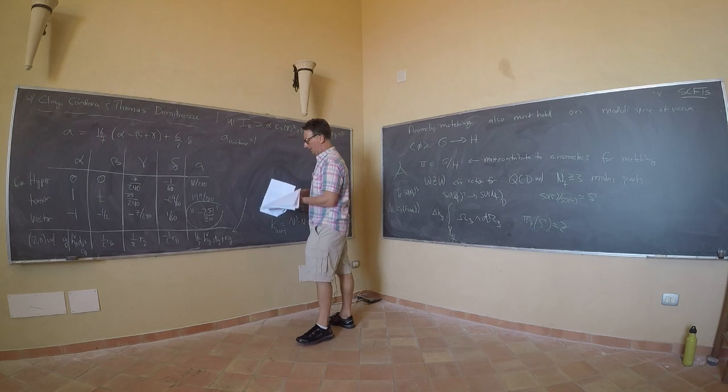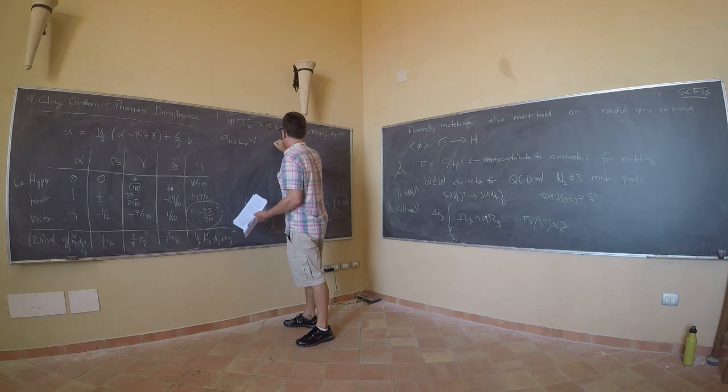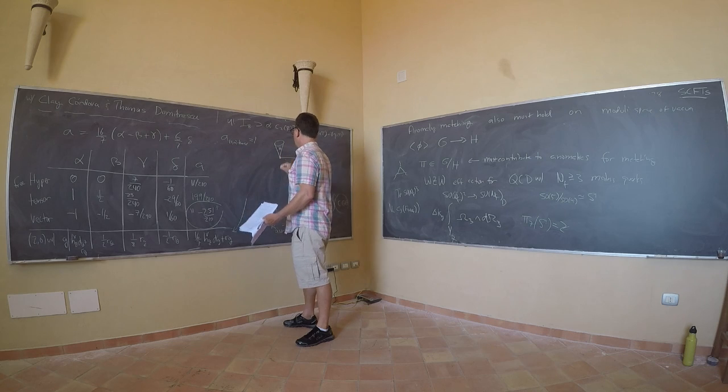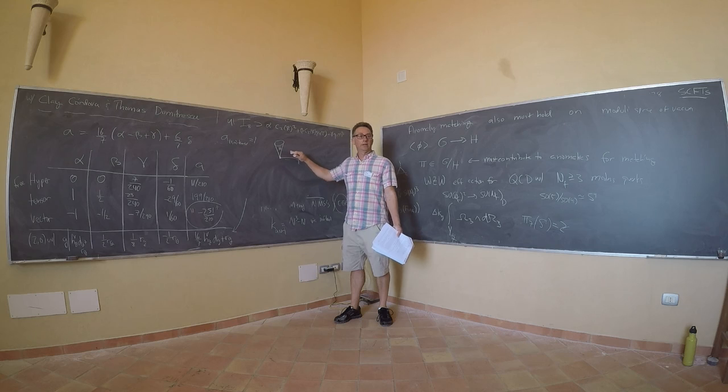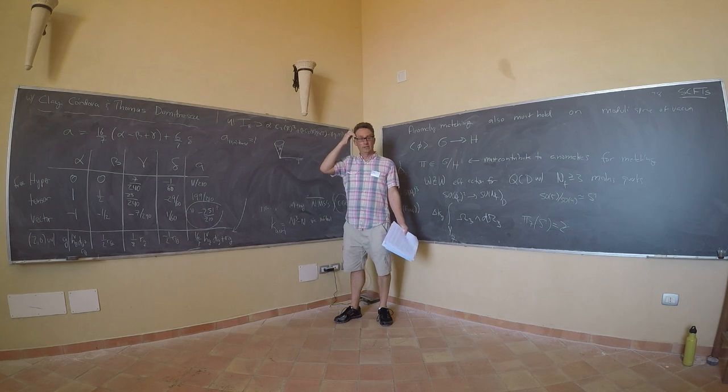So for 1-0 theories, the analog would be that we could be in the conformal field theory at the origin, or we could go onto the moduli space. And here there are two components of the moduli space: the tensor branch and the Higgs branch.